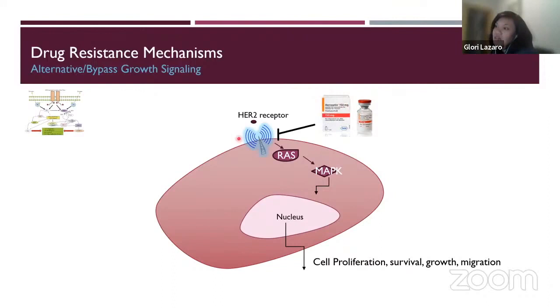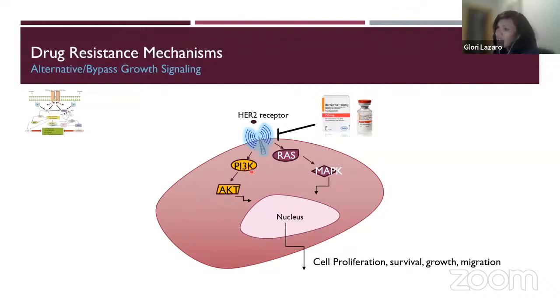Herceptin will kill all the breast cancer cells, but no. Unfortunately, there are other downstream pathways. You have this pathway called the PI3K AKT pathway as well, which is another growth pathway in cancer. And so even if you dampen this response, this will be overactivated, and so that leads to resistance as well.